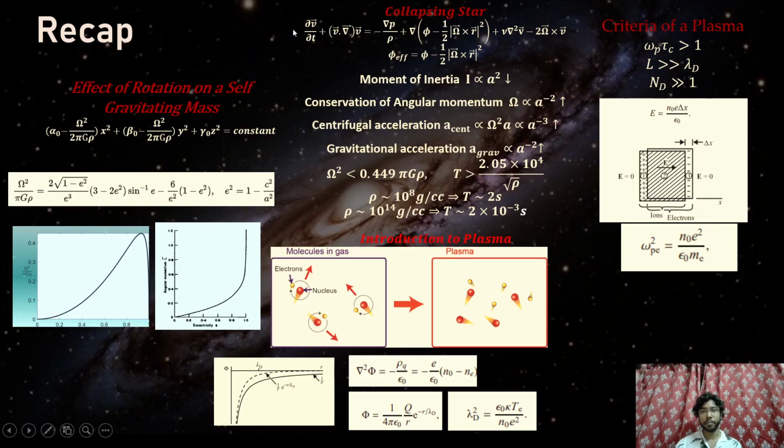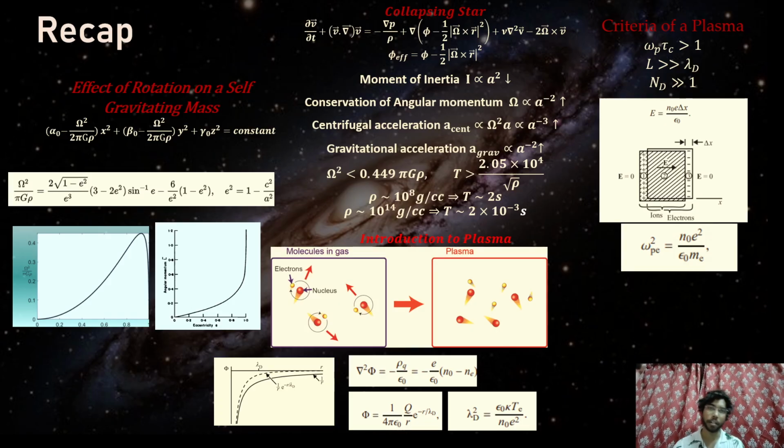So we can express the momentum conservation equation in this form, and phi becomes phi effective, which is phi minus half omega cross r whole square, the centrifugal term. So instead of just the gravitational potential, we have an effective potential, which is the gravitational potential along with the centrifugal term.